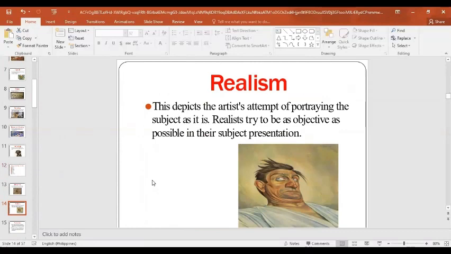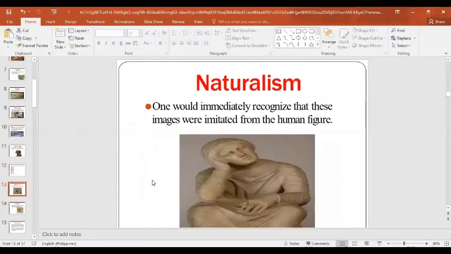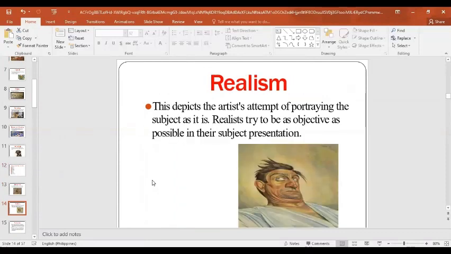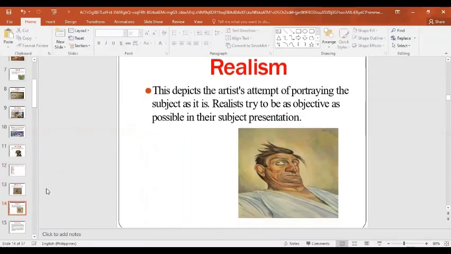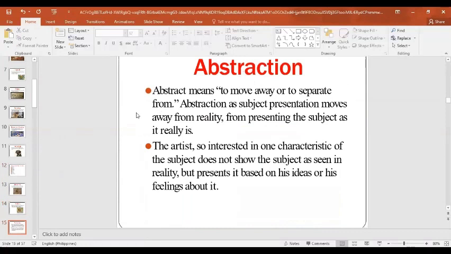So ano ba yung pinagkaiba ng naturalism sa realism? When we talk about naturalism, imitation lang siya from the reality. And when we talk about realism, ito ay accurate, ito ay objective, and ito ay reality na nangyayari in a real life situation.